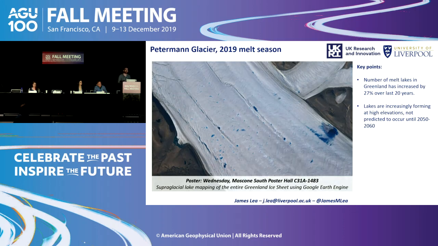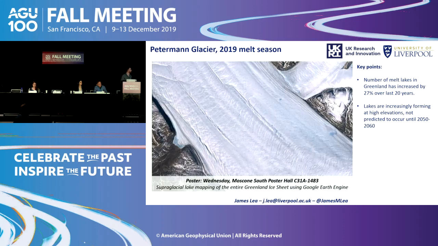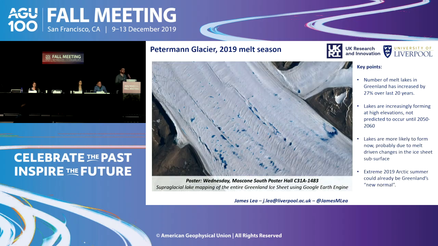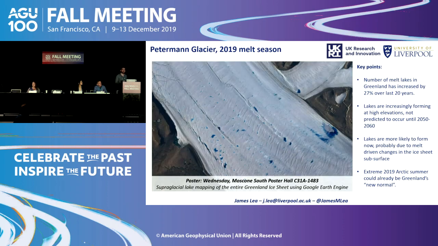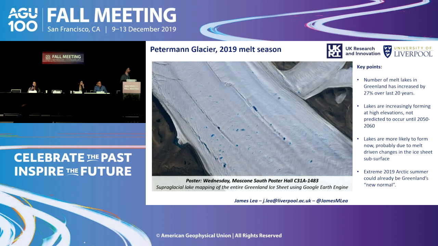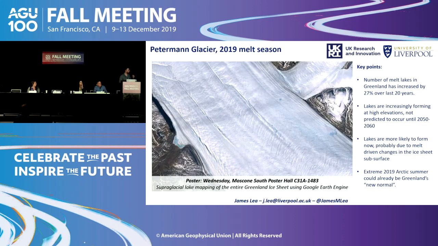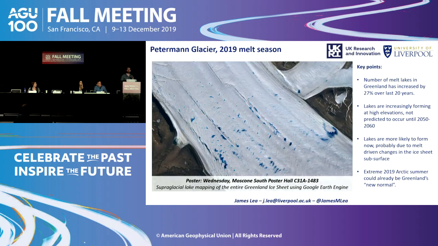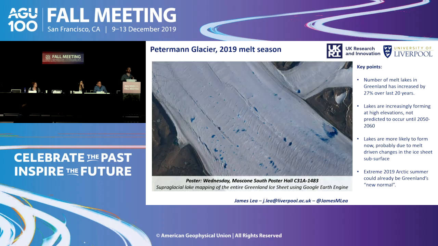These lakes are increasingly forming at higher elevations as well. Also, these lakes are now more likely to form for a given amount of melt, and this is probably driven by refreezing of meltwater beneath the surface of the ice sheet. And finally, the extreme melt season of 2019 is potentially Greenland's new normal for the number of lakes forming on the ice sheet.